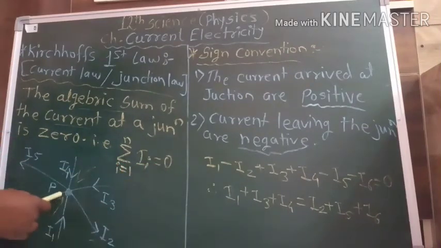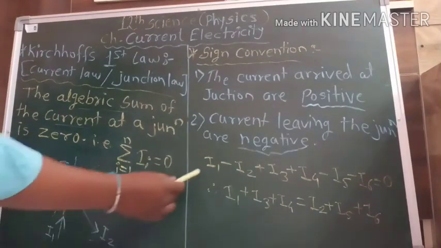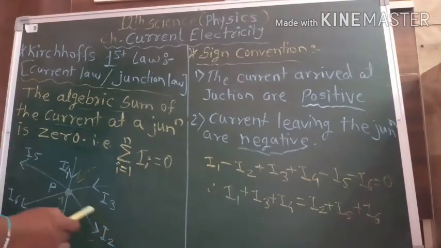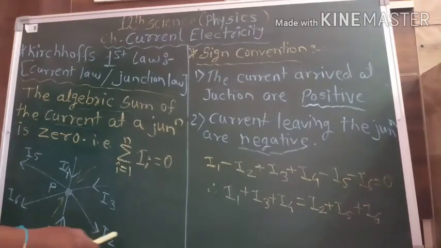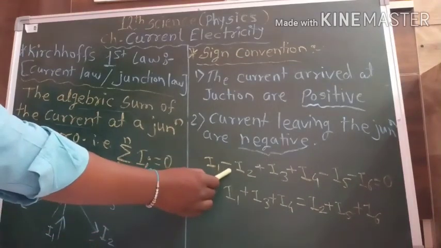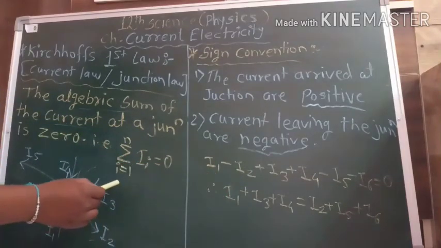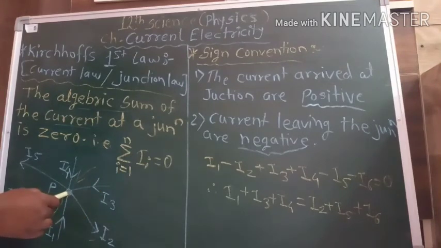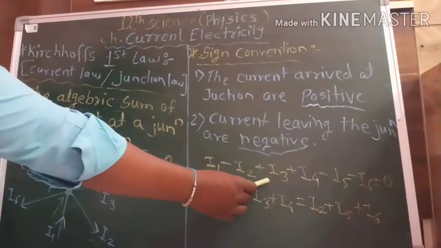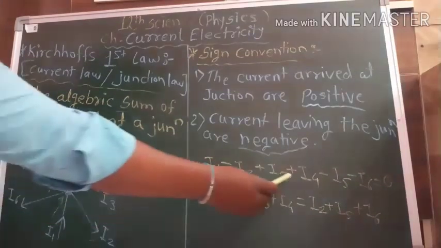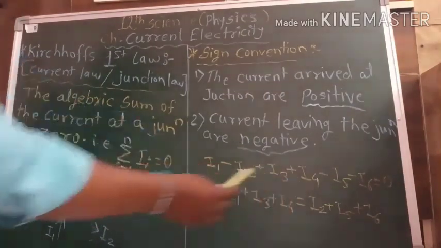Then by this sign convention we write the summation of all the currents. I1 goes towards the junction, therefore it is plus I1. I2 is leaving the junction, going away from it, so it is minus I2. I3 arrives at the junction, therefore it is plus I3. I4 also flows towards the junction, so it is plus I4.